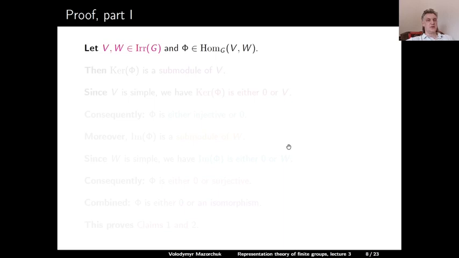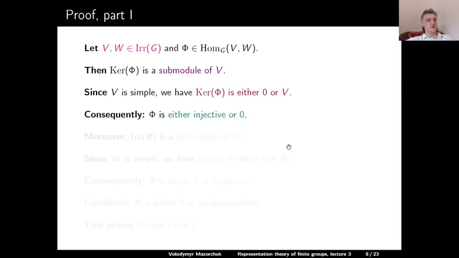So let V and W be two simple G modules, and phi a G module homomorphism from V to W. We know that the kernel of phi is a submodule of V, but V is simple, so it has only two submodules, 0 and itself. So the kernel of phi must be either 0 or equal to V. If the kernel of phi is equal to 0, then phi is injective. If the kernel of phi is equal to V, then phi is equal to 0.